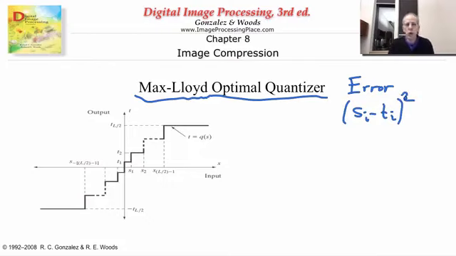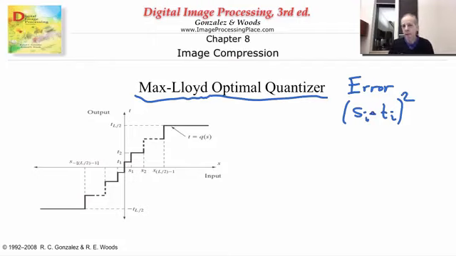You say, I want to do the best possible quantizer considering this error, and considering that I have a certain allocation of bits. Of course, if you say, I don't care how many bits are used, then don't quantize at all. That will be basically zero error.